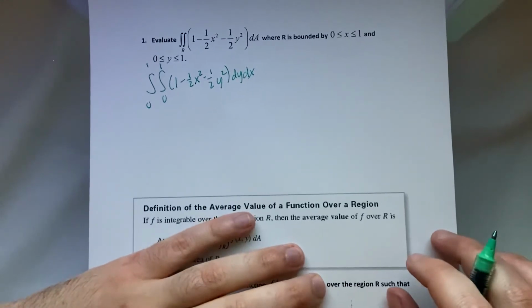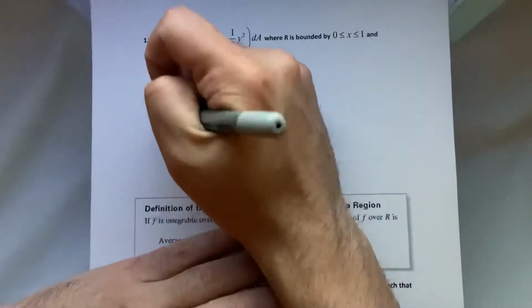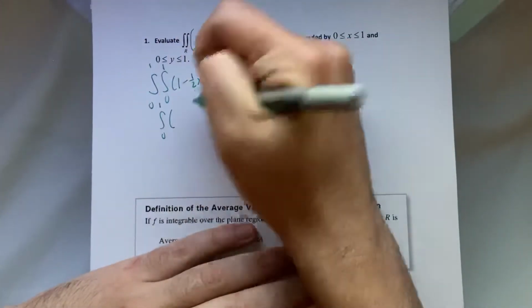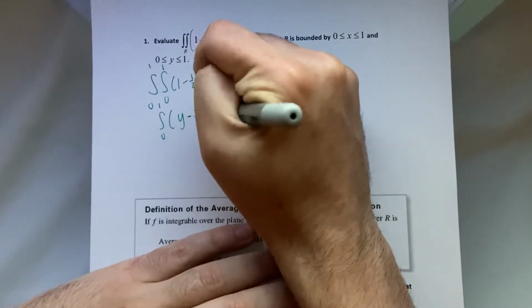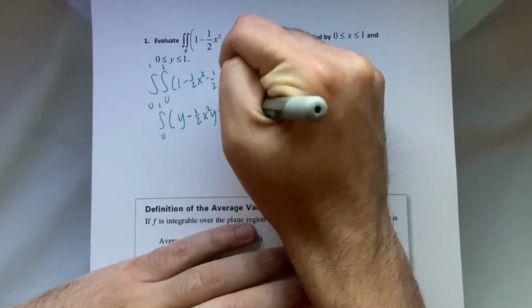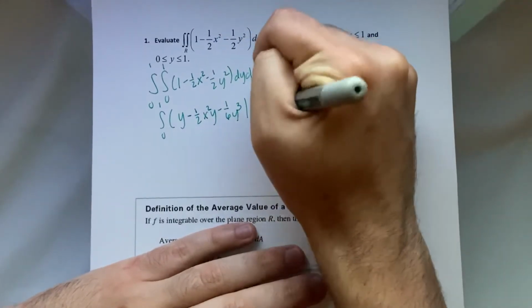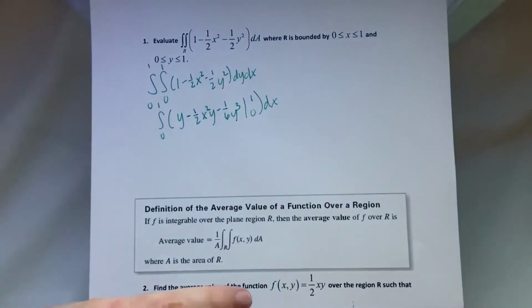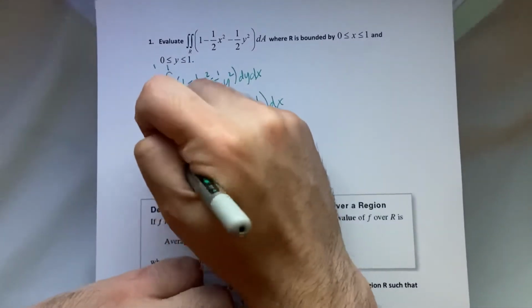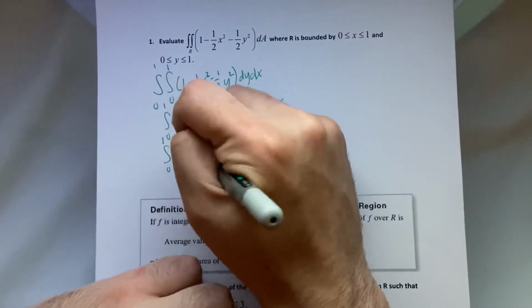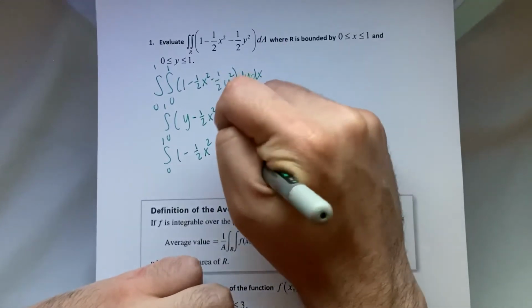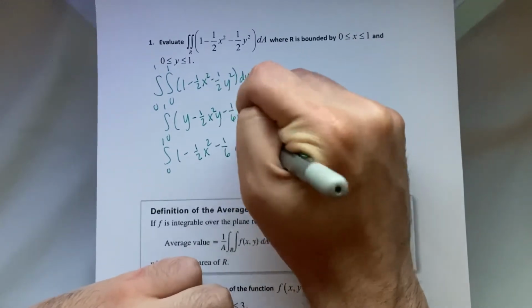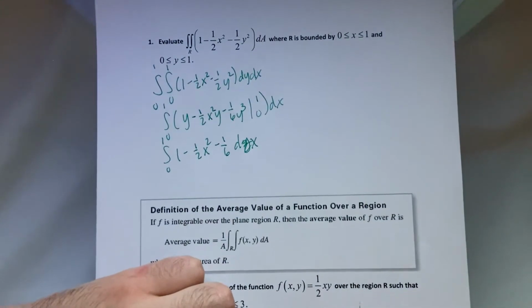If you integrate with respect to y first, we get the integral from 0 to 1 of y minus 1/2 x squared y minus 1/6 y cubed, evaluated from 0 to 1, dx. When we plug in 1 for y, we get 1 minus 1/2 x squared minus 1/6, dx.